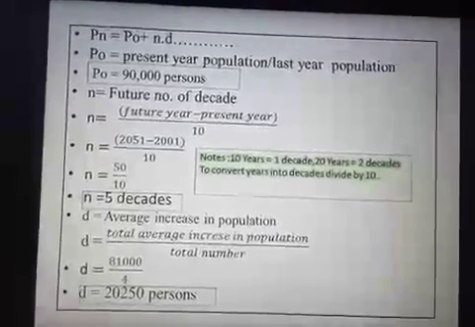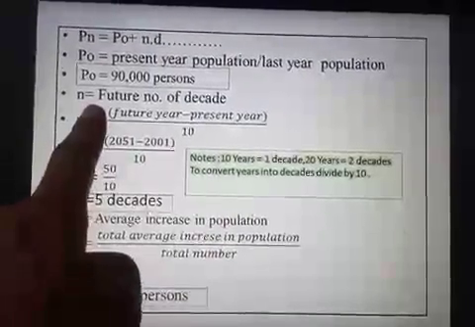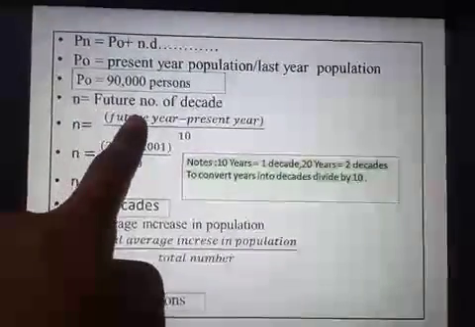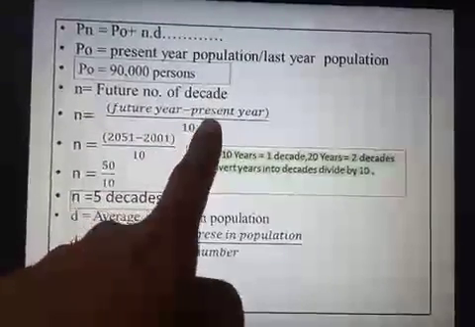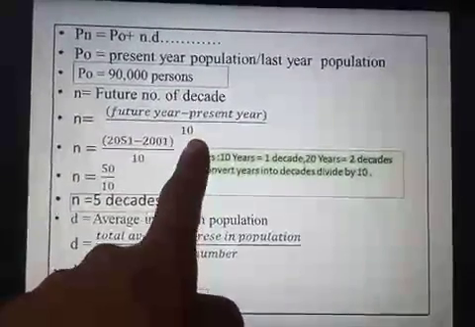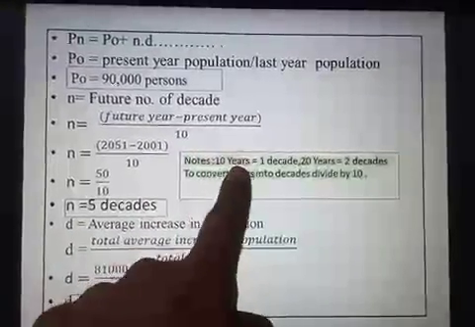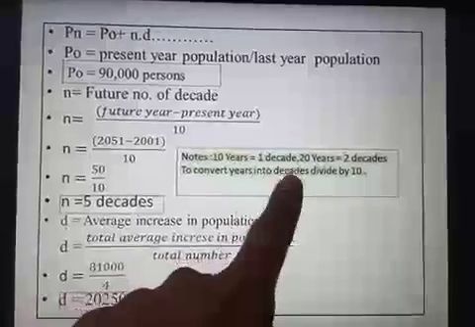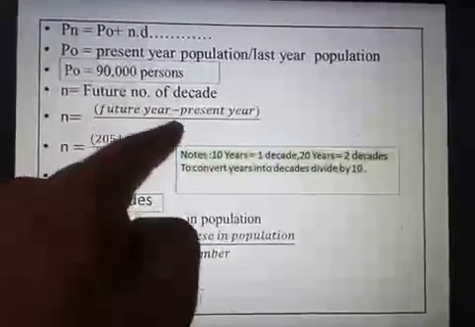Next term, n, the future number of decades. n is equal to future year minus present year, upon 10. We divide the years by 10 because 10 years means 1 decade. Here we are converting the years into decades.